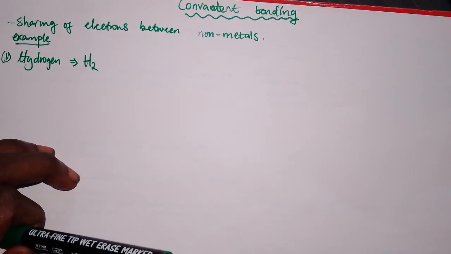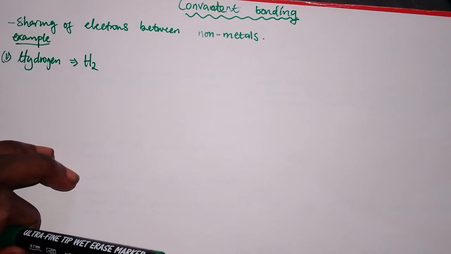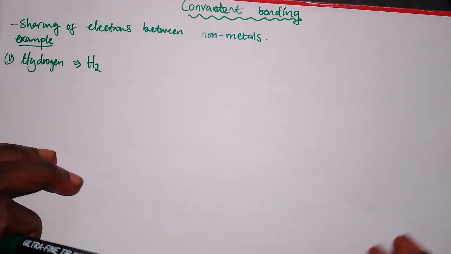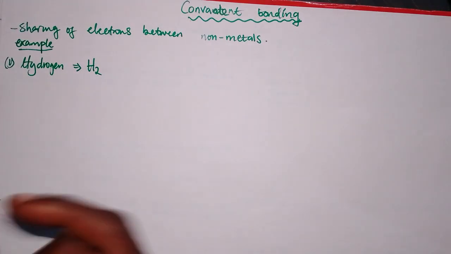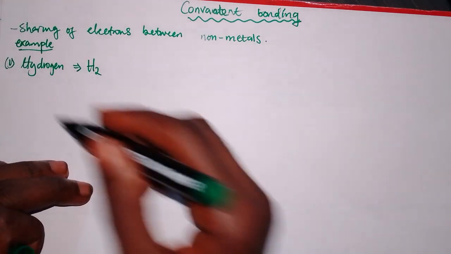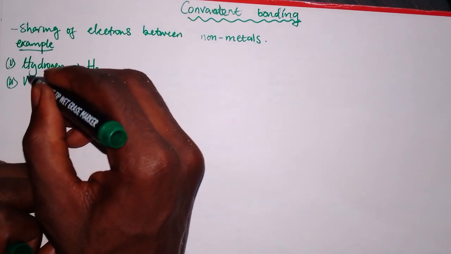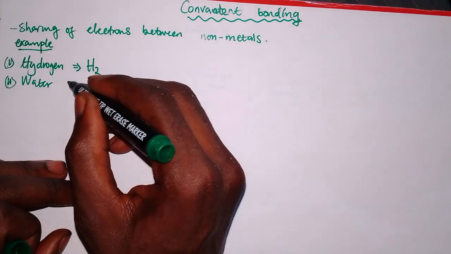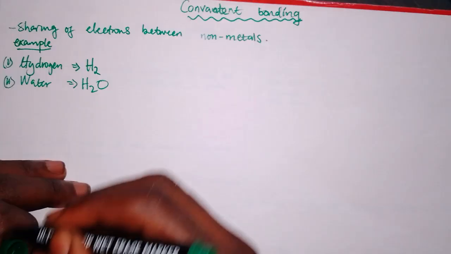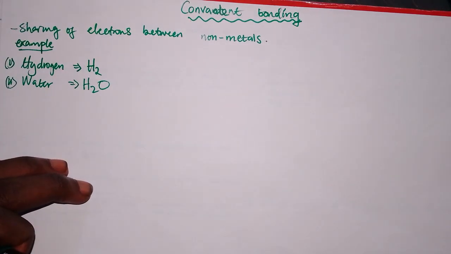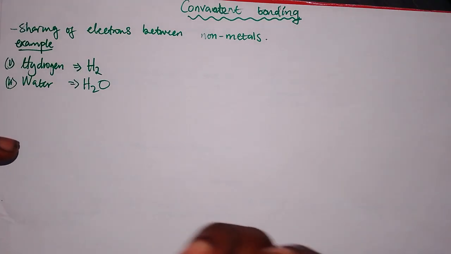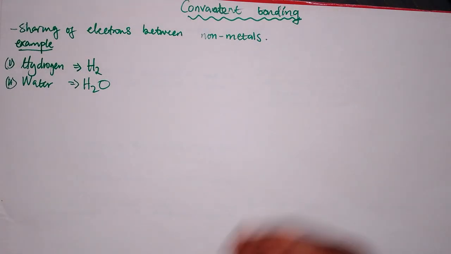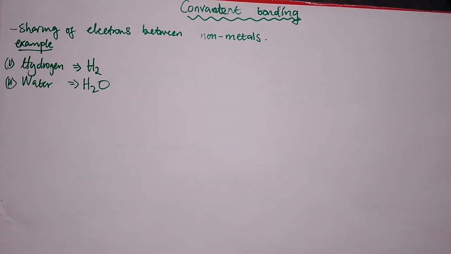So for it to be stable, it has to react with another hydrogen so that they form a stable compound. Then the second covalent compound we are going to look at is water. Water is a combination of hydrogen and oxygen, where two atoms of hydrogen react with one atom of oxygen.